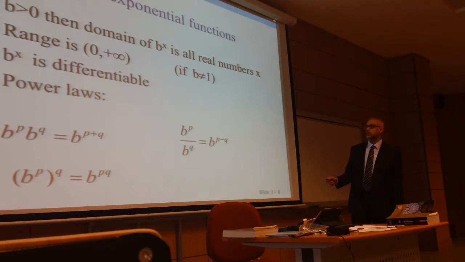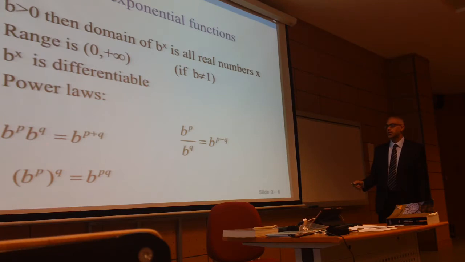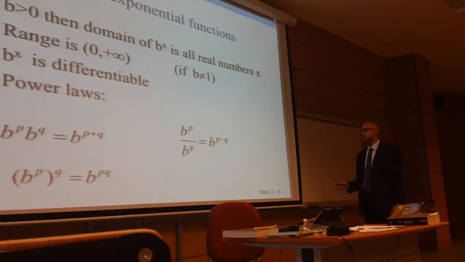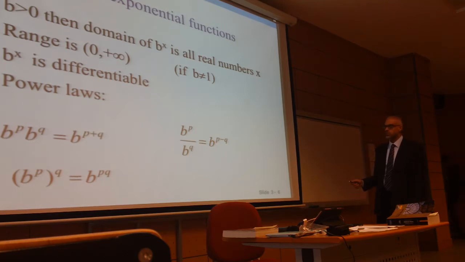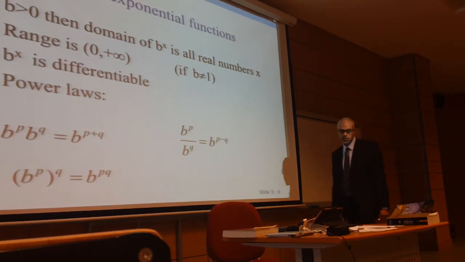It is differentiable, and the power law says that b to the power p times b to the power q is equal to b to the power p plus q. b to the power p over b to the power q is equal to b to the power p minus q. So when I'm multiplying, you add. When I'm dividing, you subtract. If you are raising to a power, you multiply these two.